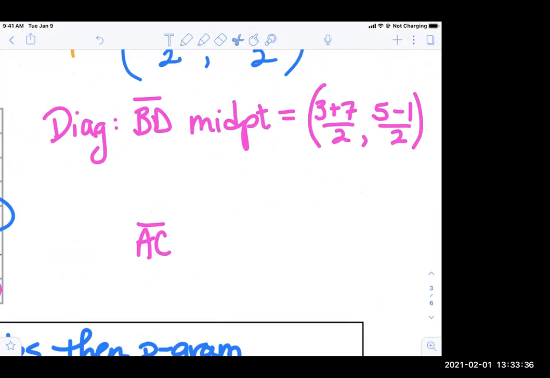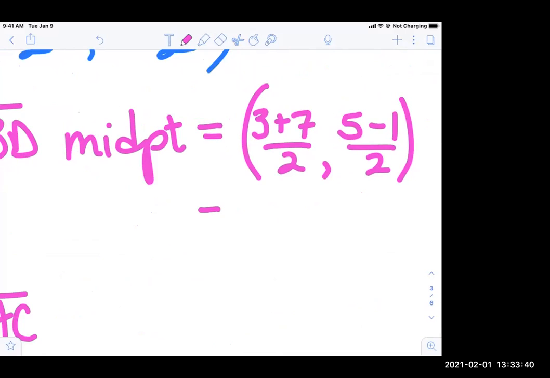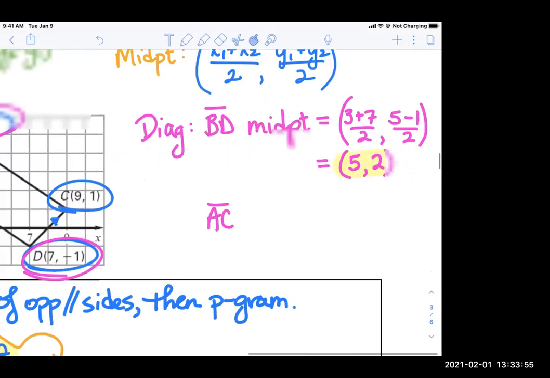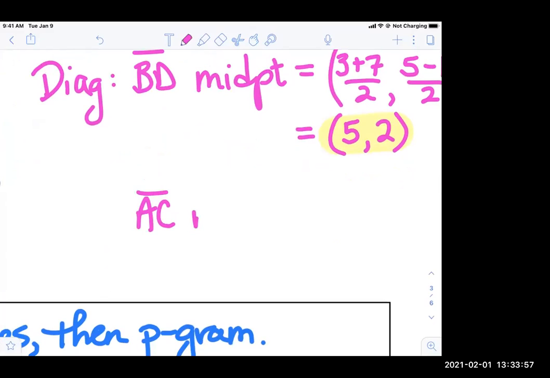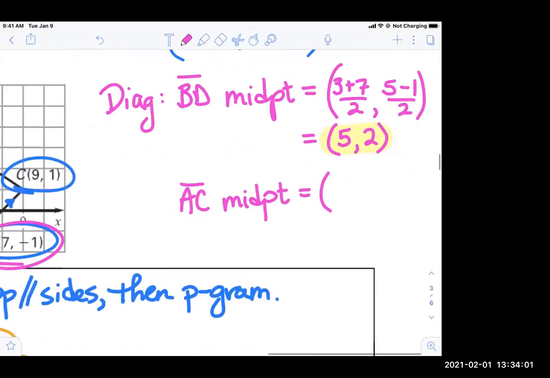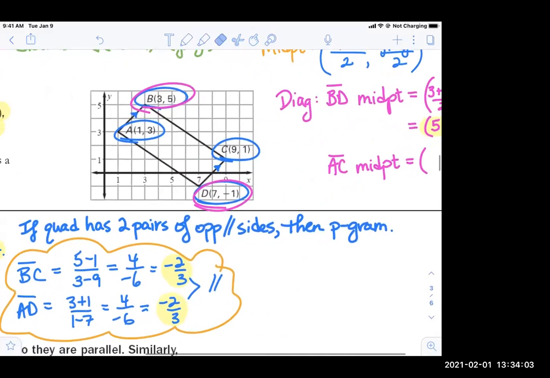It's going to be 5, 2. Okay, and then we're going to do the midpoint of the other diagonal. And again, that should come out to be the same because we know it's a parallelogram. It told us in the problem that it was a parallelogram, so it better turn out to be the same.